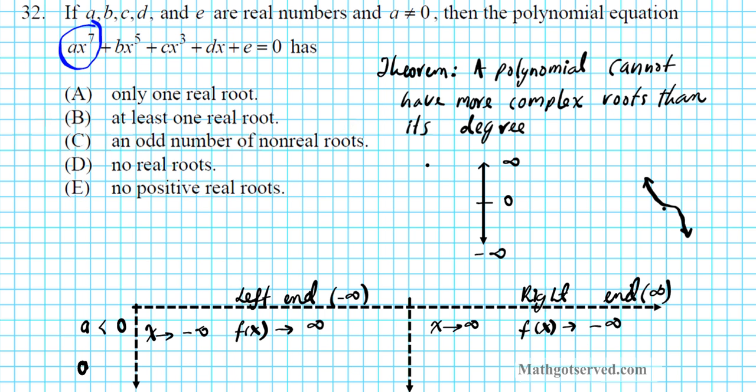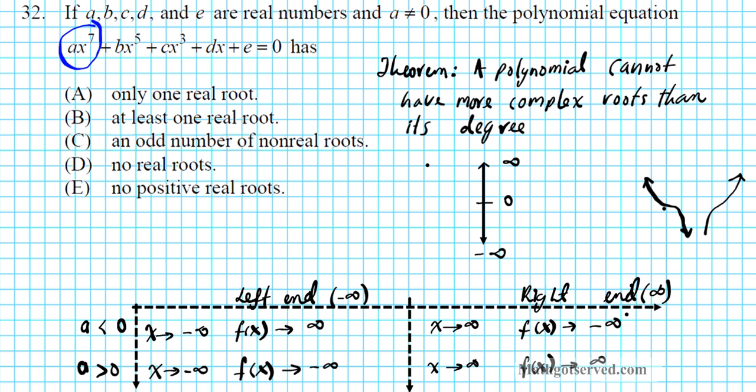Now, what if a is greater than 0? If a were positive, as x approaches negative infinity, the left end, the function is going to negative infinity, and then as x is approaching infinity, the function is going to be approaching infinity. So you have the opposite of this situation for this one.